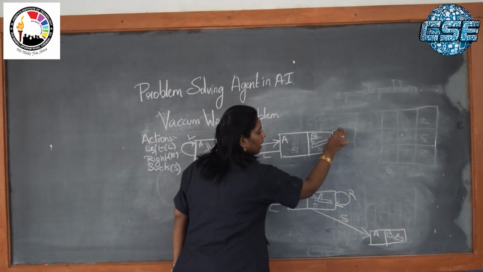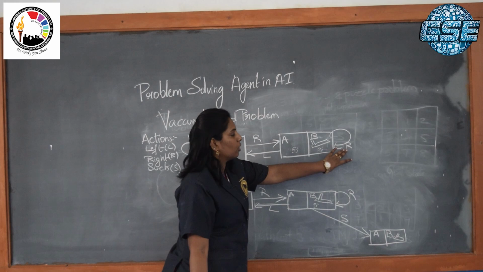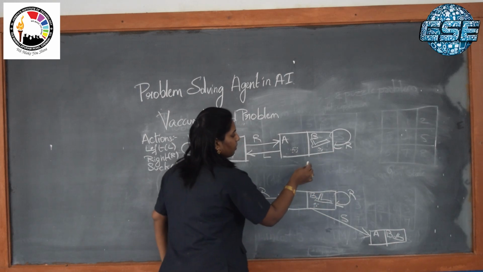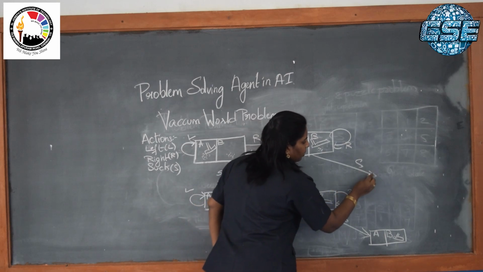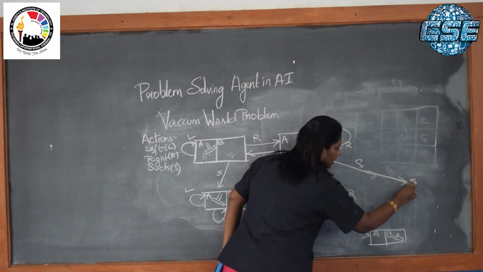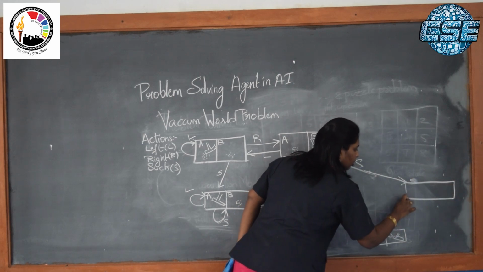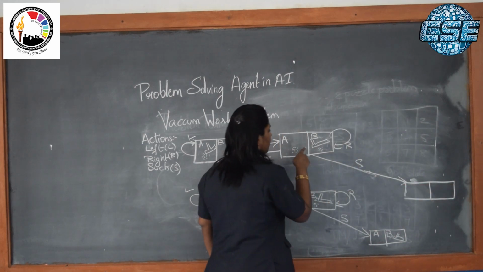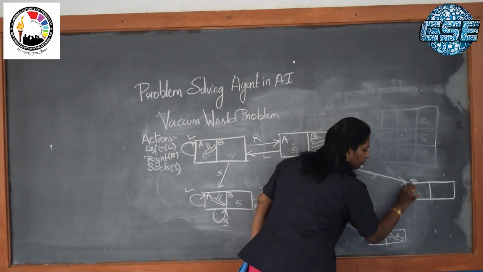If you go right, it forms a loop, and the other one is the S condition, right. S is nothing but removing the dirt. What does removing the dirt mean? We are removing the dirt from this B room.